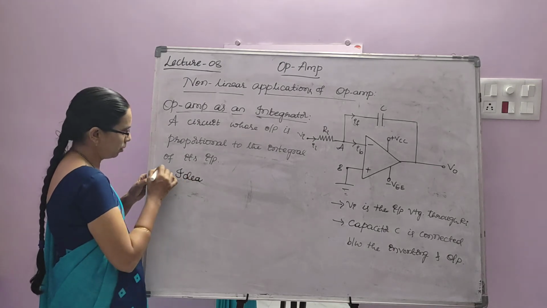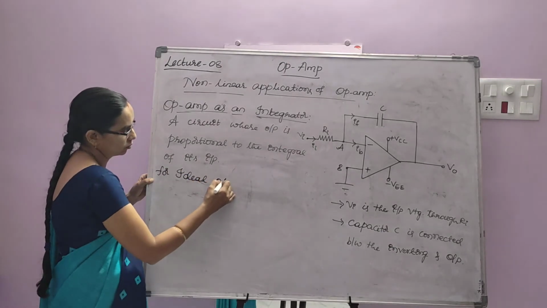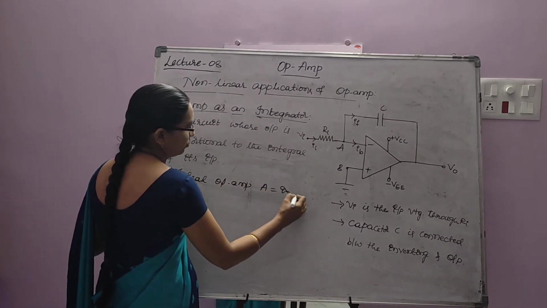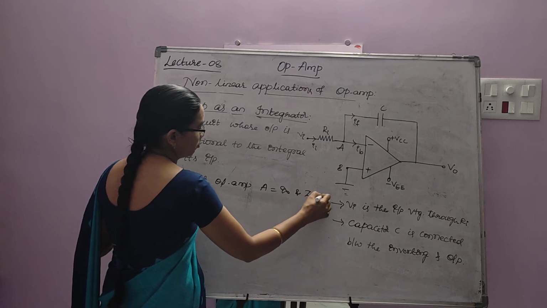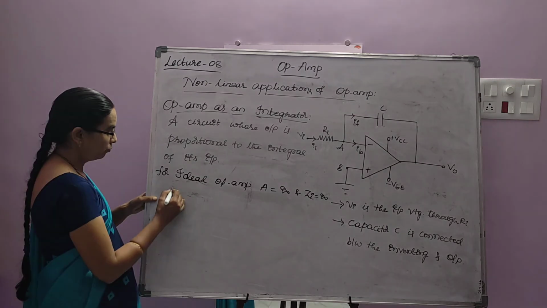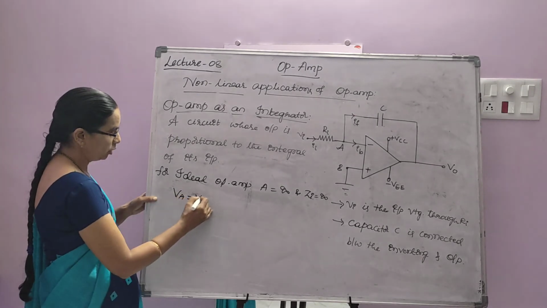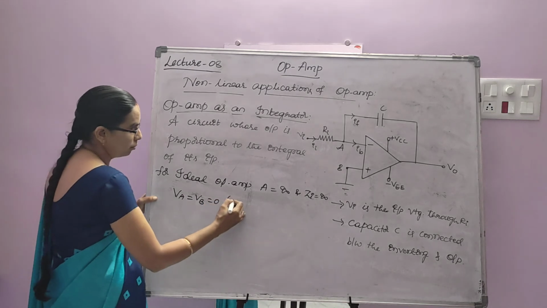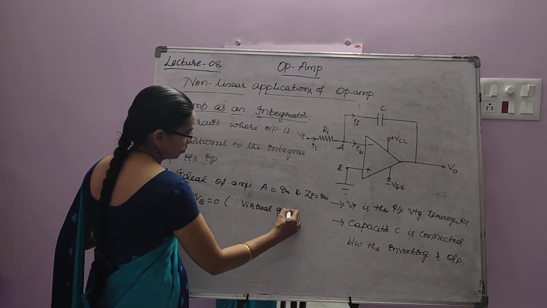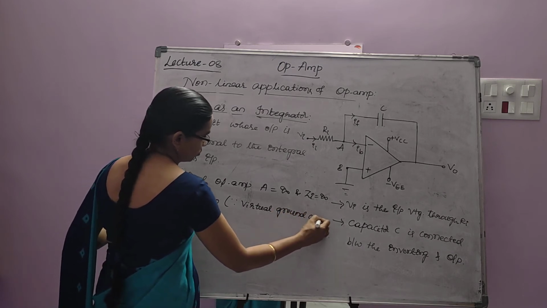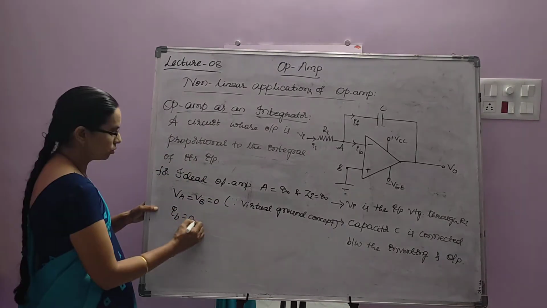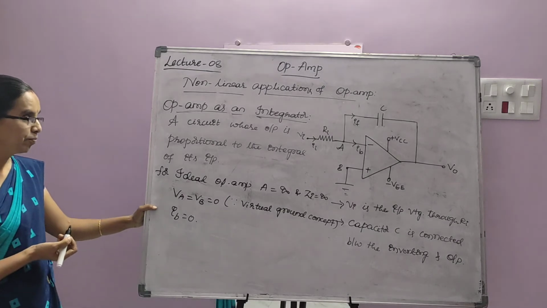For an ideal op amp, gain is equal to infinity, and input impedance Zi is also infinite. So VA is equal to VP is equal to 0 by the virtual ground concept, and the current flowing into the op amp is equal to 0 because Zi is infinite.